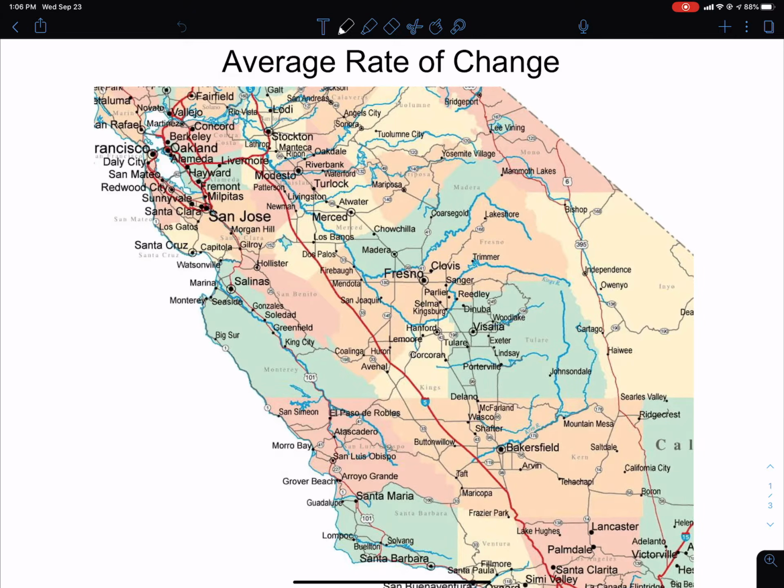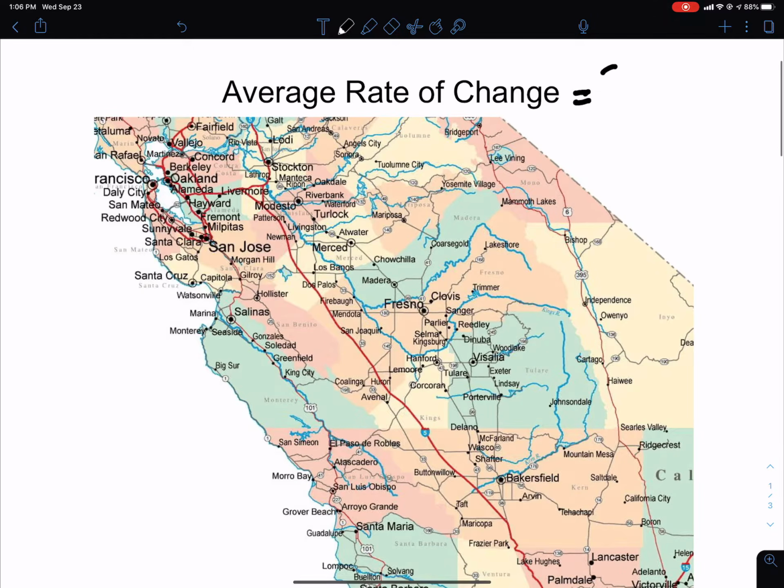So average rate of change, what does that mean? So rate of change, it's how fast something's changing. You're comparing two things. And so usually when we have average rate of change, it's going to be the change in, could be y or could be something else, over change in x.